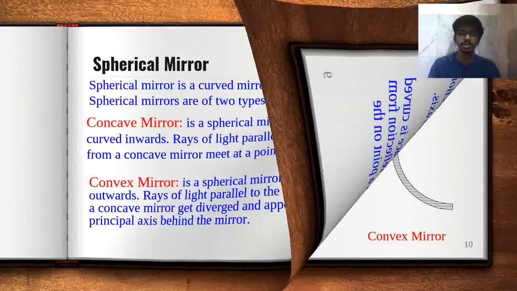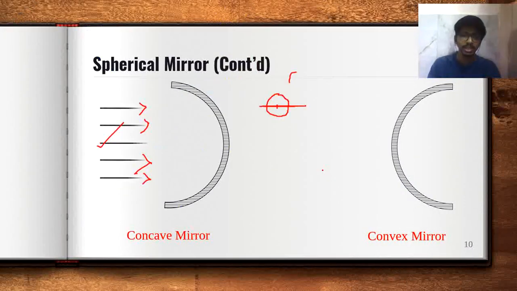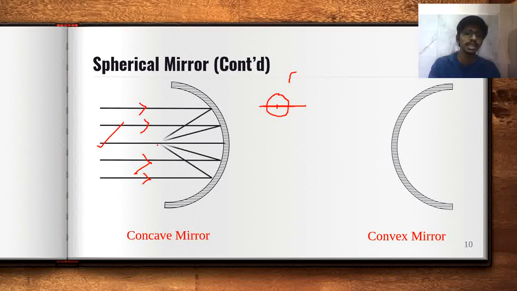Converge means moving towards each other, and they meet at one point on the principal axis. So this is the case of a concave mirror.